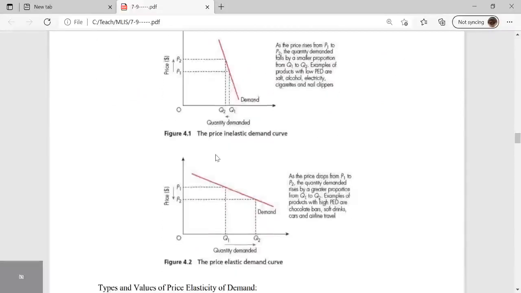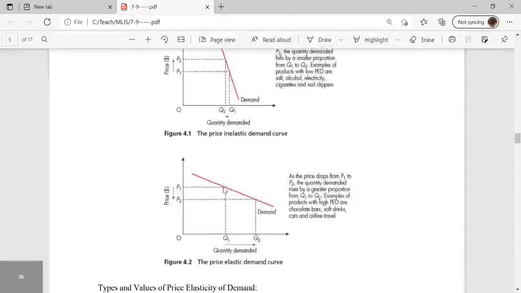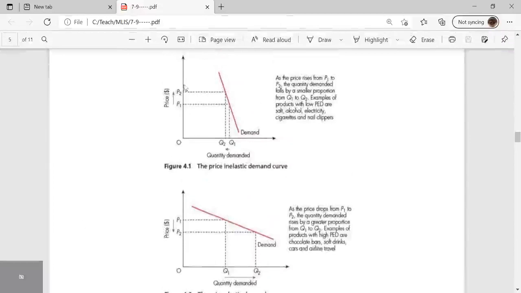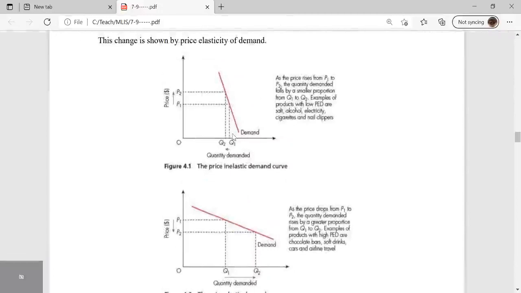So we have both of the examples over here. In the first picture, this is inelastic demand, and the second one is elastic demand. In the inelastic one, this demand curve is almost vertical, or very close to vertical, and this one is very close to horizontal.